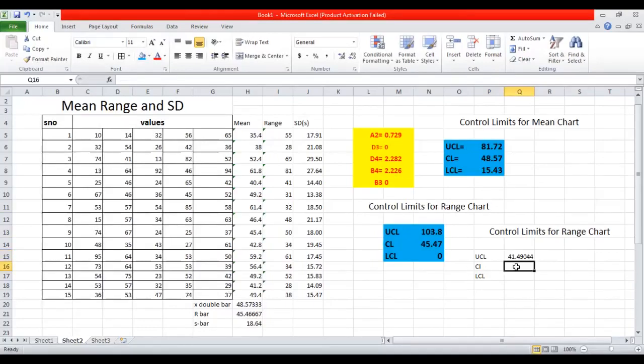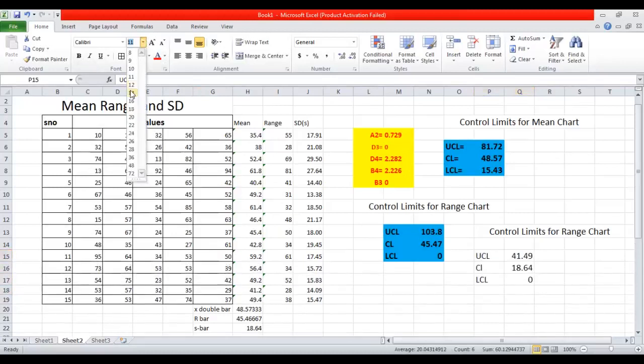CL equals S bar. LCL equals B3 into S bar. B3 is 0, so 0 into S bar, obviously you'll get 0. So these are the control limits for the S chart, that is the standard deviation chart.